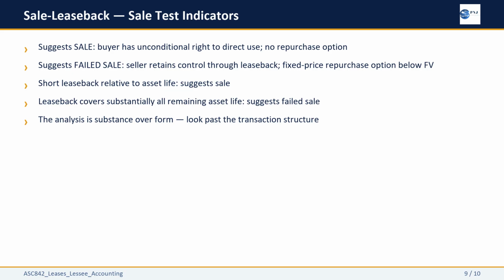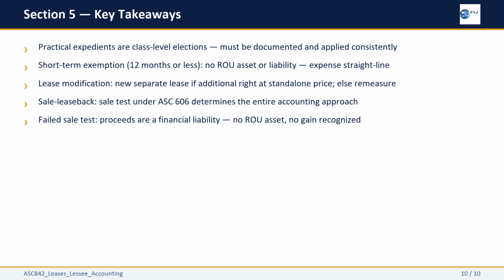3 important simplification and judgment areas in one section. Practical expedients reduce compliance burden, but only if they are elected as documented policies, applied consistently by asset class, and disclosed. Lease modifications require an analysis that asks whether the change creates a new right at a market price or simply changes an existing arrangement.